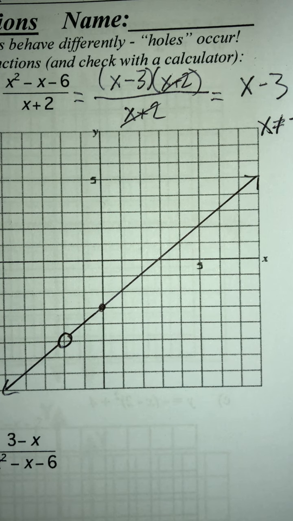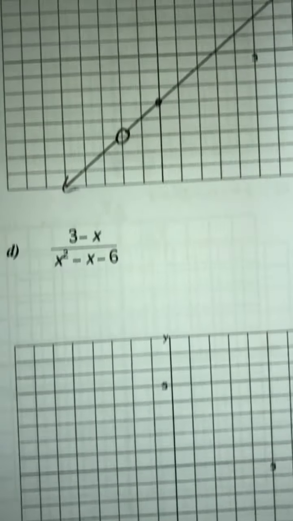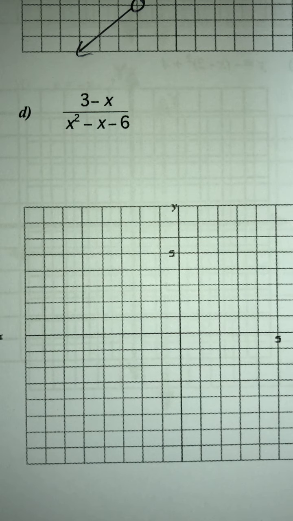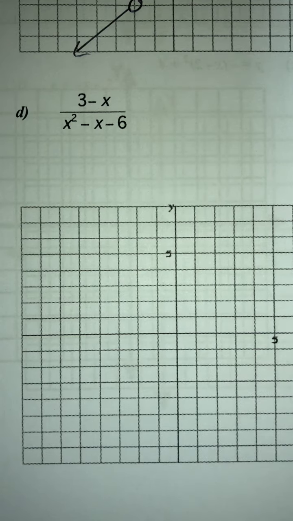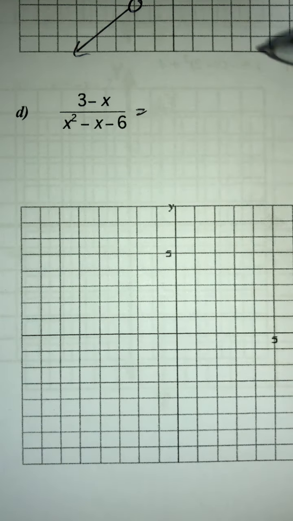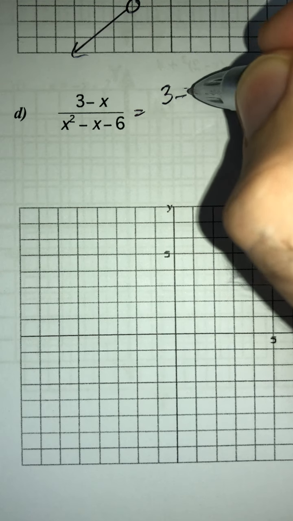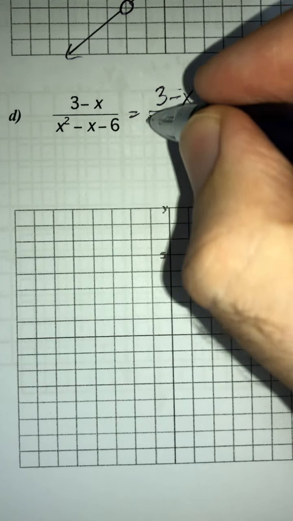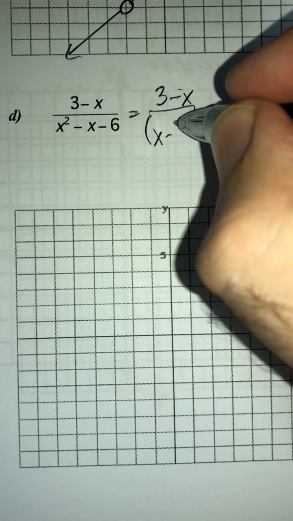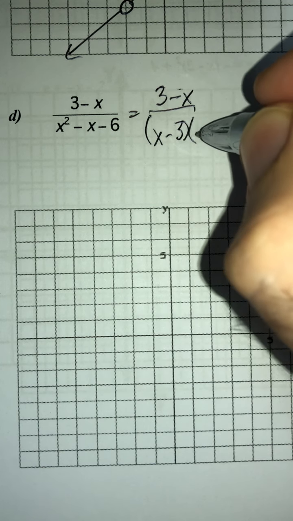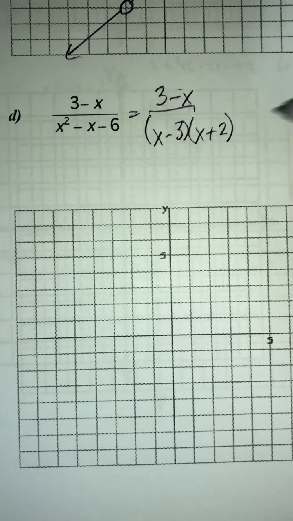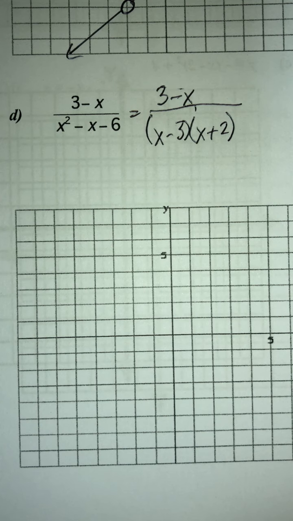Let's try another example here. Let's try D, because this one will give us what we want. Good example. So for this, I need to factor out the bottom. So I've got 3 minus x on the top. I've got x minus 3. I feel like it keeps being the exact same equation. So I got this.